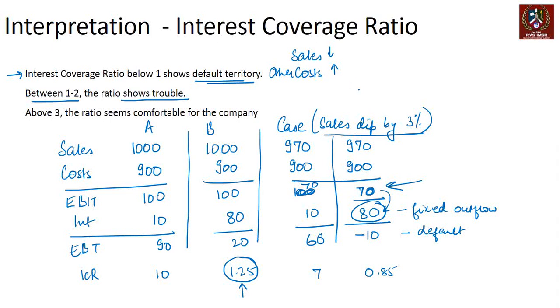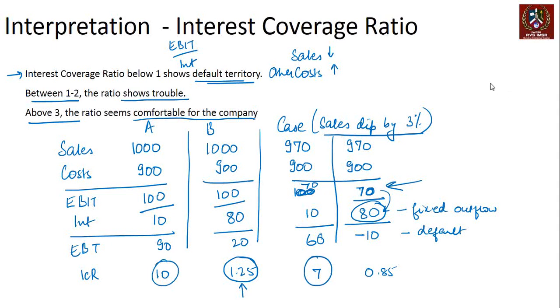So effectively, any interest coverage ratio that you calculate, which is EBIT divided by interest. Remember, interest coverage ratio was calculated as EBIT by interest. Any number between 1 and 2, the ratio shows trouble. Any number above 3, the ratio seems comfortable for the company. So above 3, you are okay. So this is comfortable, this is comfortable.